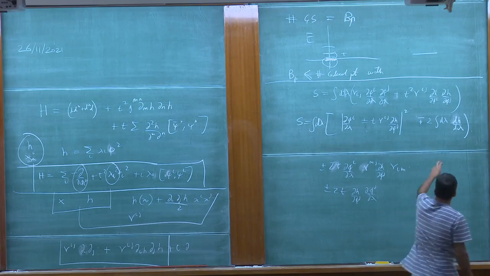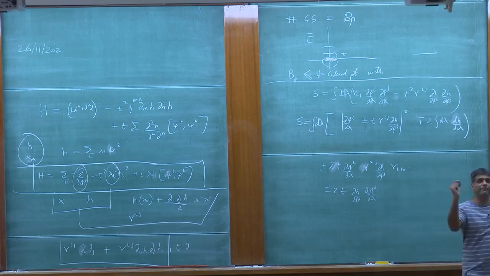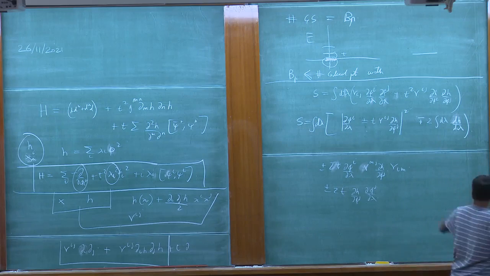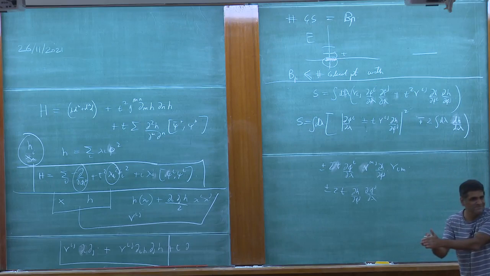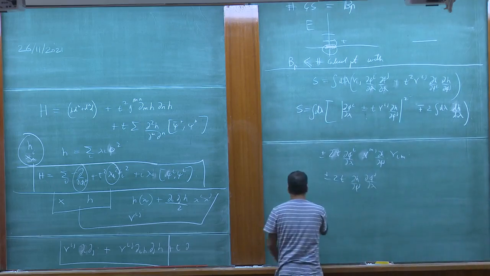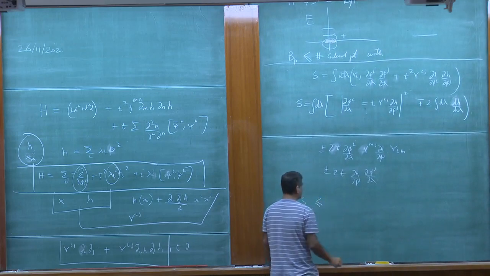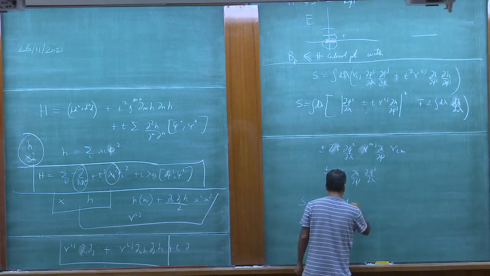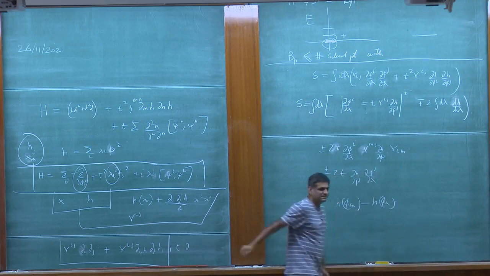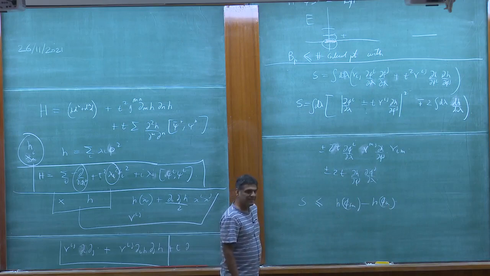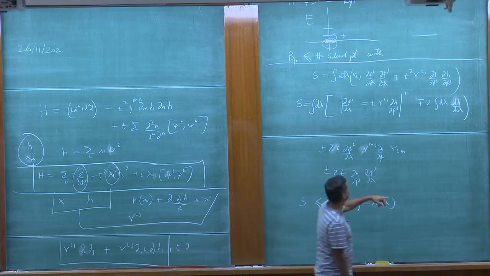Because suppose we want a configuration from a given initial point to a given final point. This thing is independent of path. It's just the difference of h between the 2 points. Is this clear? So we say that the action is less than equal to h phi final minus h phi initial. The action is always less than equal to that.